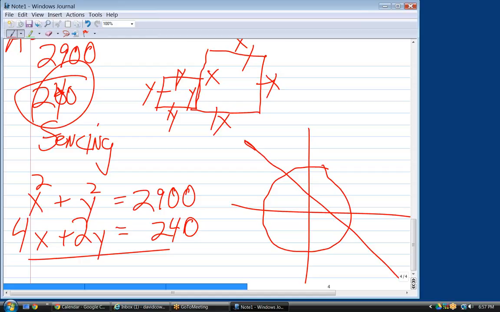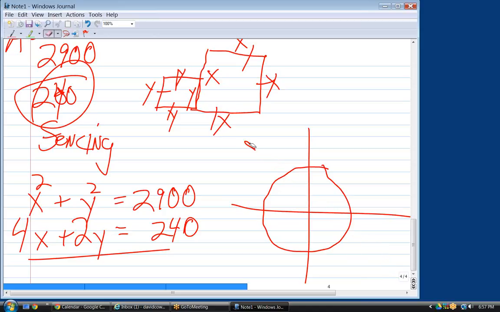Where is our solution for x and y? It's not here, because that would result in a negative x. That little triangle. This right here would result in a negative y, so I must not have drawn it correctly. I mean, I just drew it. I didn't draw it accurately.